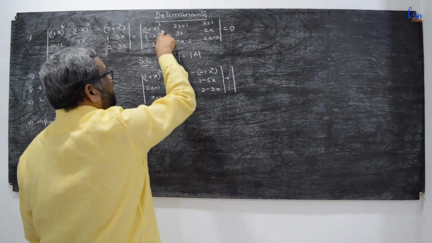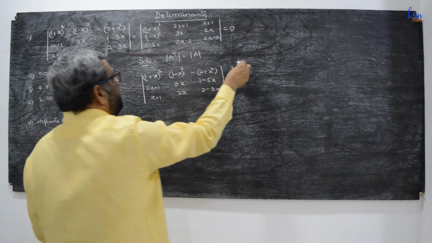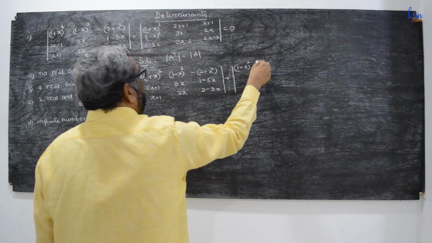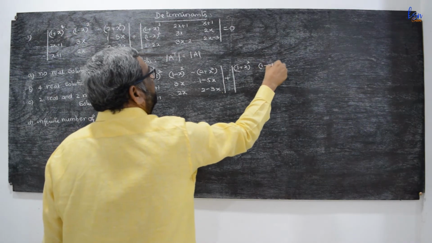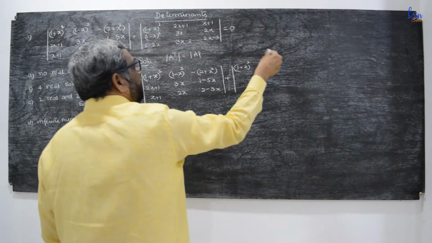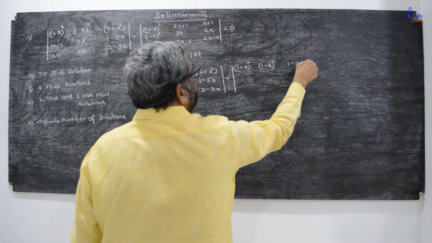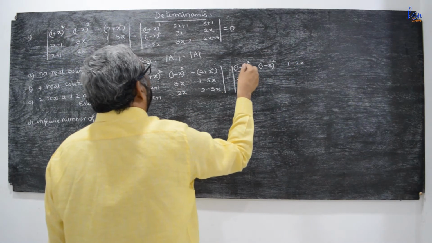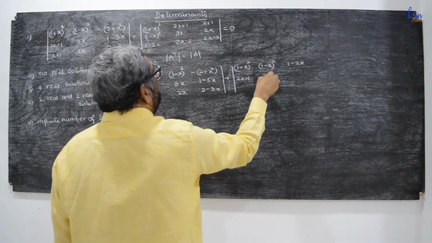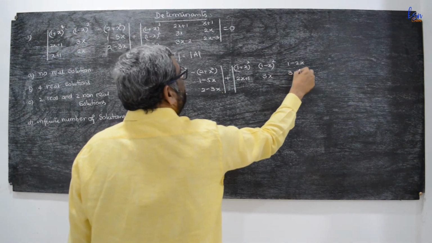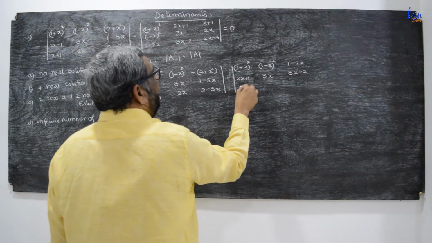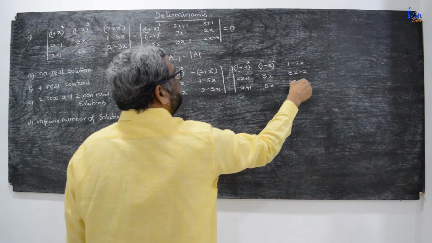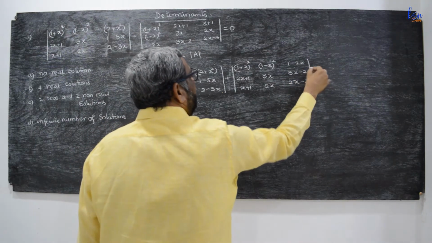That means the rows and columns must be interchanged. So 1 plus x whole square, 1 minus x whole square, 1 minus 2x, 2x plus 1, 3x, 3x minus 2, x plus 1, 2x, 2x minus 3 is equal to 0.